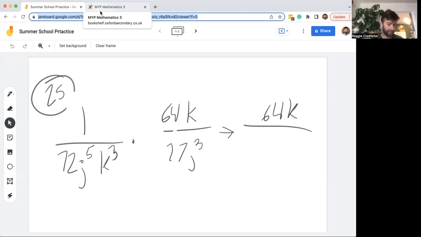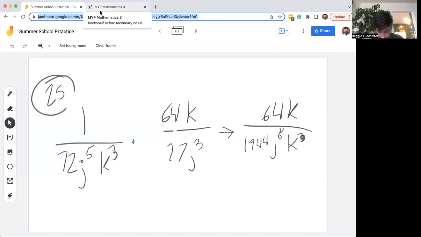I'm going to just use a calculator here. 1,944. Now, then I've got j to the fifth times j to the third. Product rule, that becomes j to the eighth, and then just k to the third.